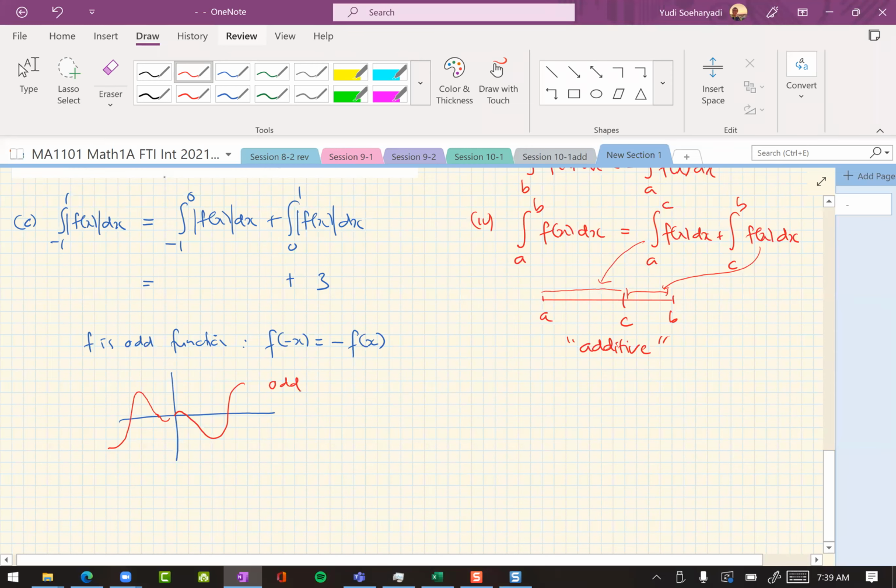But then you take the absolute value. If you take the absolute value, then it becomes f of x.